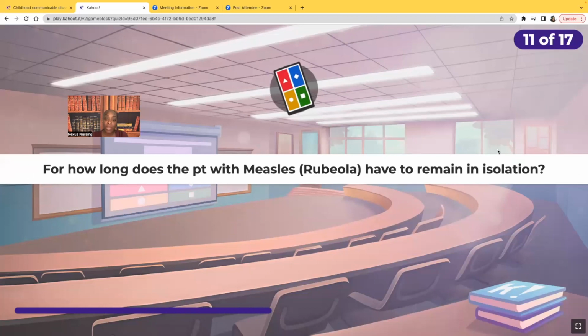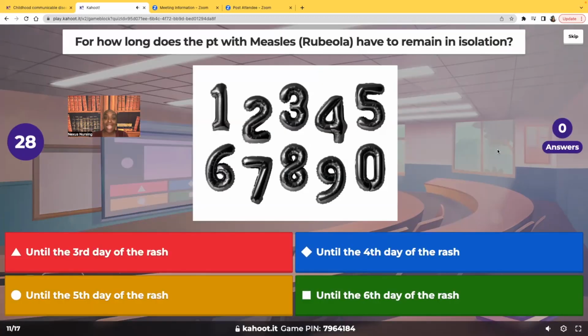For how long does a patient with measles, also known as rubeola, have to remain in isolation? Is it until the 3rd day of the rash, until the 4th day of the rash, until the 5th day of the rash, or until the 6th day of the rash? How long do they have to remain in isolation?